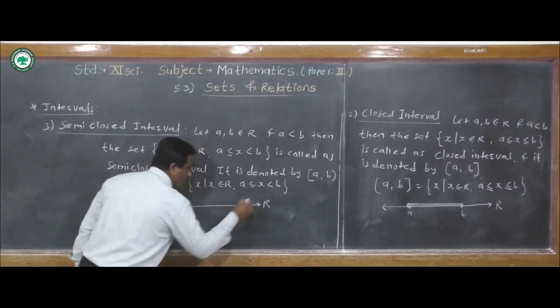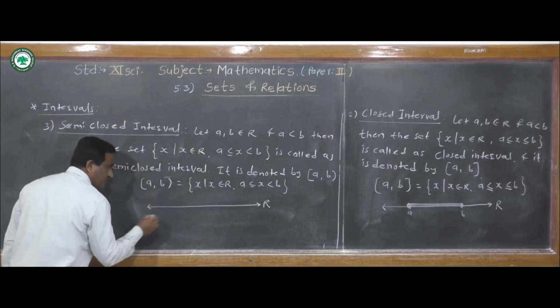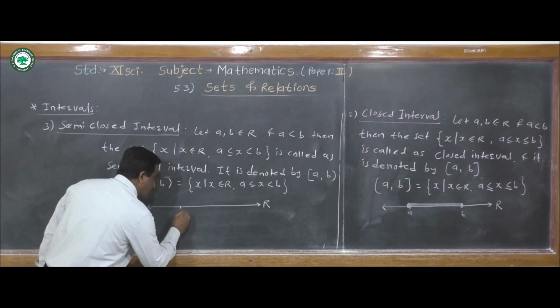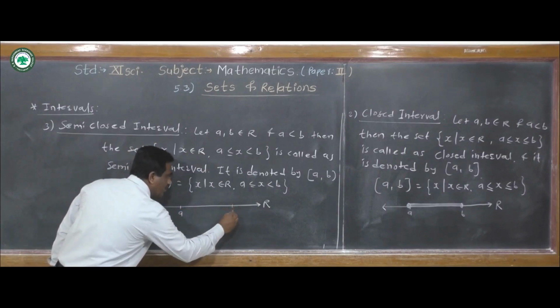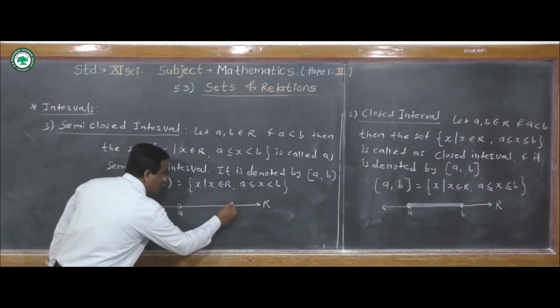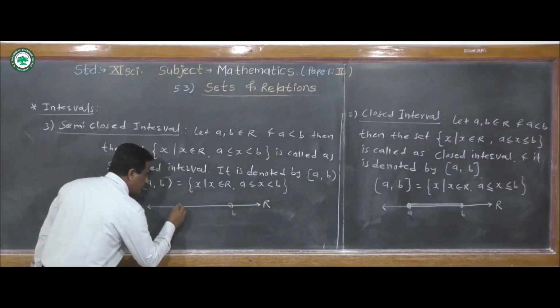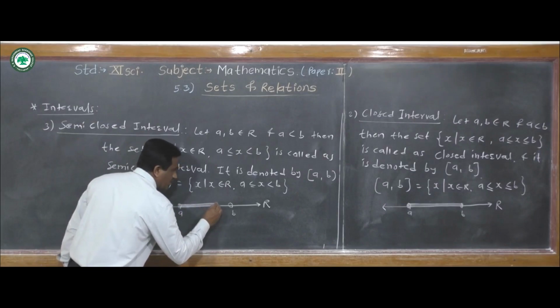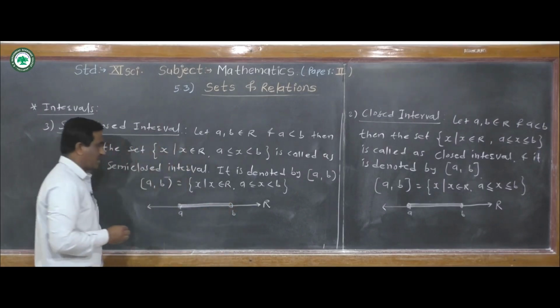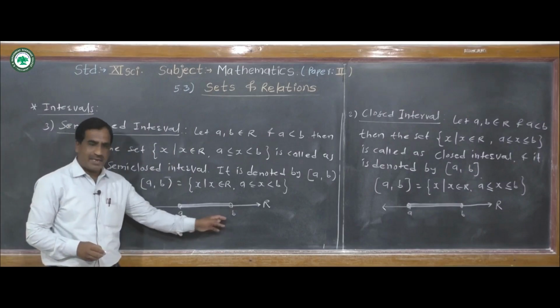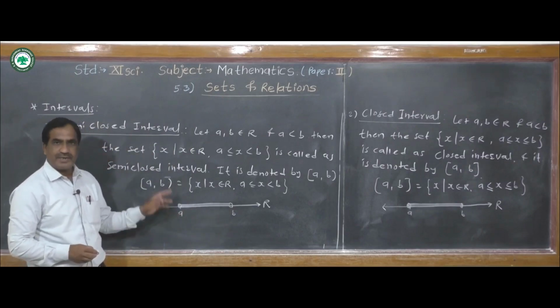This is R, the line of real numbers. Now we can take a and b here. This is point A, point B. Now we can show these values of x lie between a and b, and also x is equal to a.